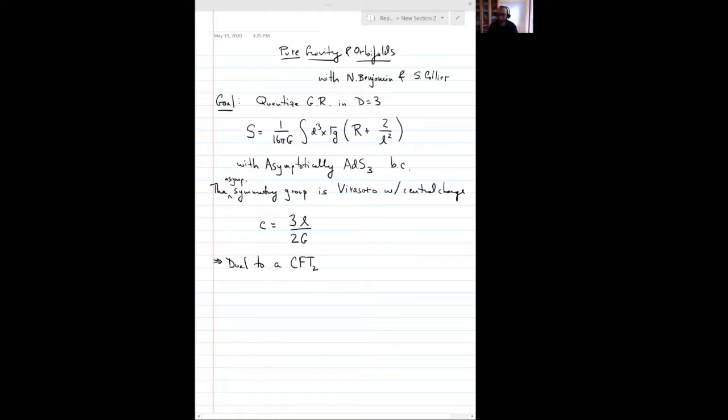So some sort of local field theory with conformal symmetry in 2 dimensions. And the central charge, which is the parameter c appearing in the Virasoro algebra, that characterizes the anomalous behavior of the theory under conformal transformations, is then going to be matched to the central charge of this corresponding dual conformal field theory.